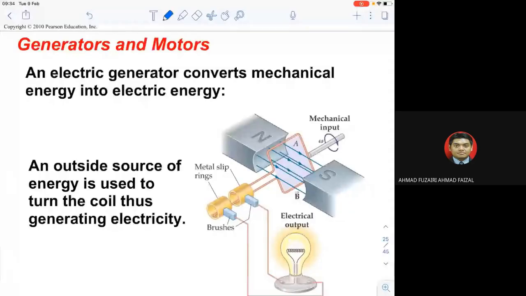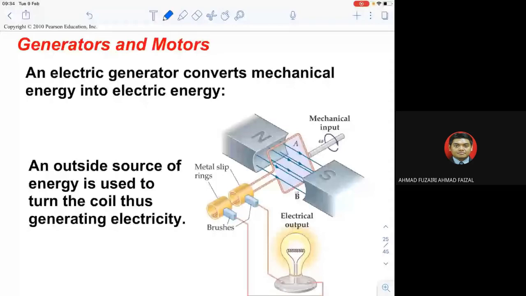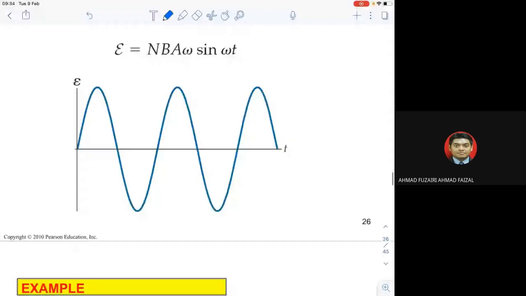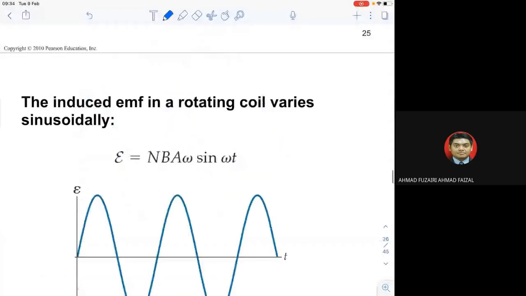When you use a generator, you know what it is all about when it comes to generating electrical energy. It's converting mechanical energy into electrical energy. So at least you should know the applications of the induced current.